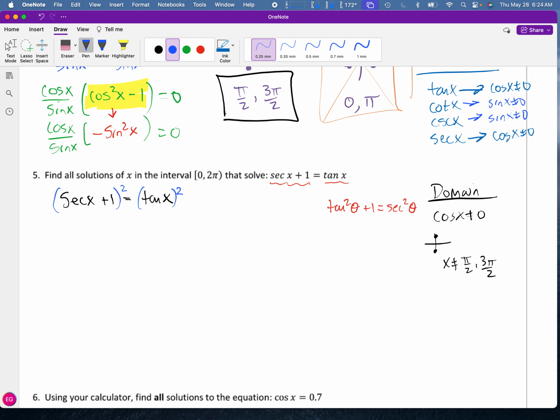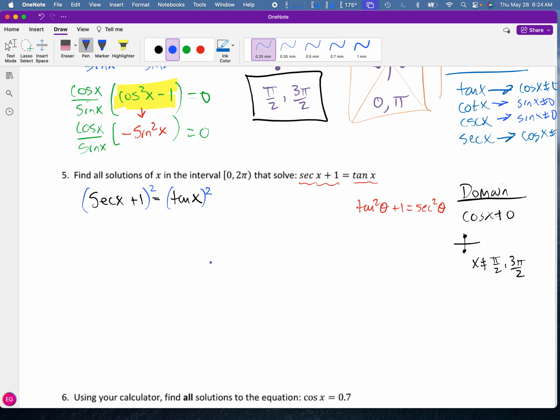To summarize why I'm squaring, I basically didn't recognize any nice identities that were going to help me get the same trig function. I want them to be all sine or all cosine, all tangents, all secants, all cosecants, et cetera. So I'm going to try squaring it.